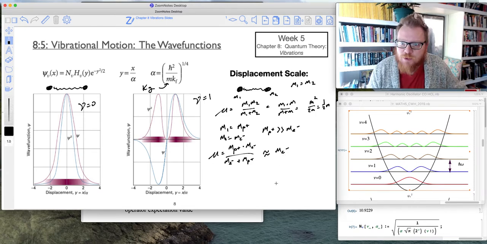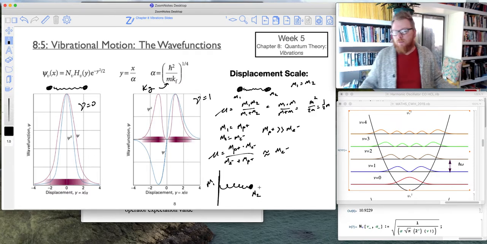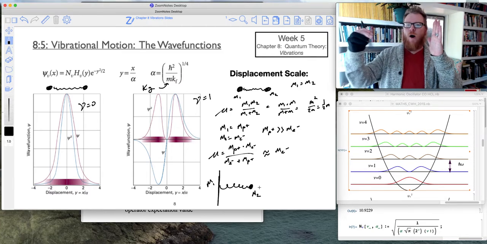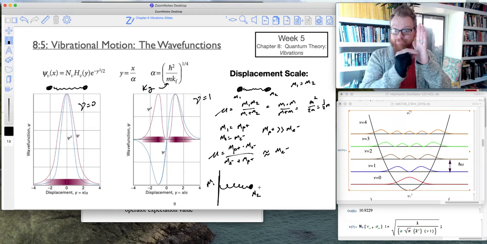So what does that object look like? Well, it doesn't look like this picture that I drew with two masses on a spring. What it really looks like is some massive object that I'll call mass 1 that's fixed, okay? And now mass 2, in this case the mass of the electron, is oscillating just against this fixed mass, okay?